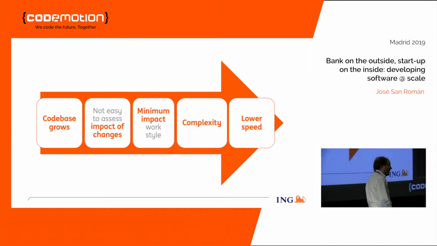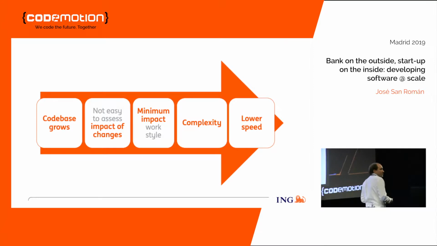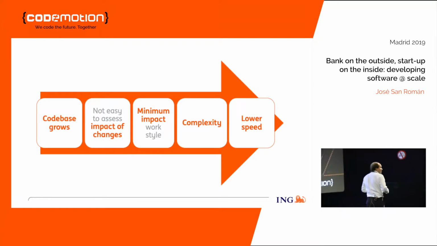You find that it's not easy to assess the impact of the changes you are doing, and when you are in that situation, you create a kind of methodology to minimize the impact of your changes. That is the minimum impact work style. I usually do that. But what is happening? That is bringing complexity into the code base, and more complexity will reduce our speed. That's the journey when you have a lot of engineers working in a code base without taking into account how to deliver at scale.